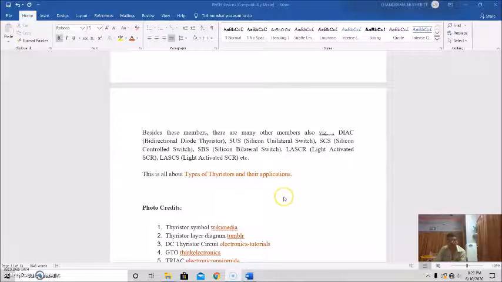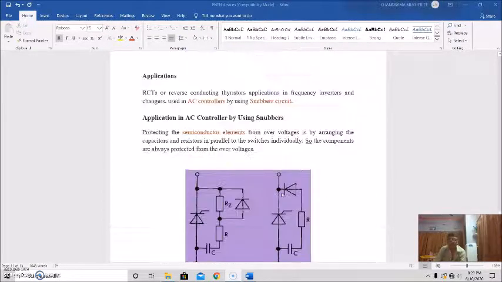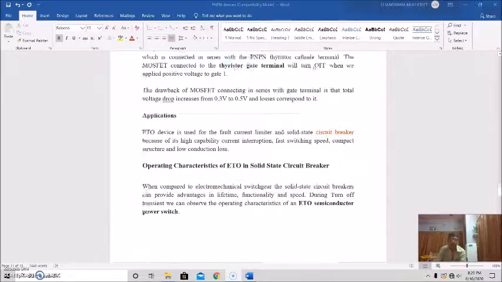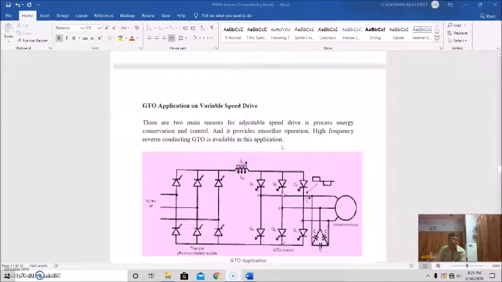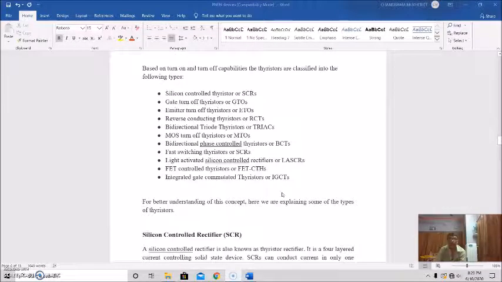So far we have discussed mainly the different important members of the thyristor family.